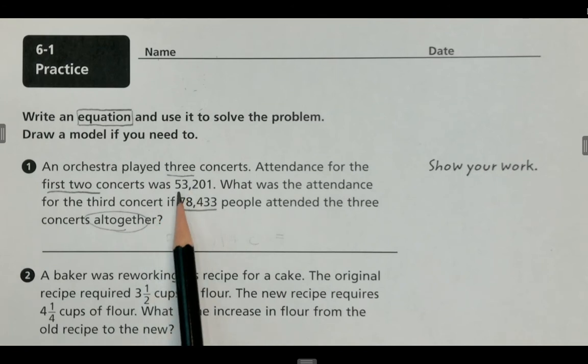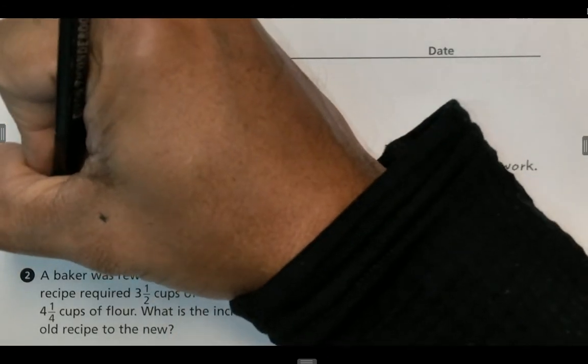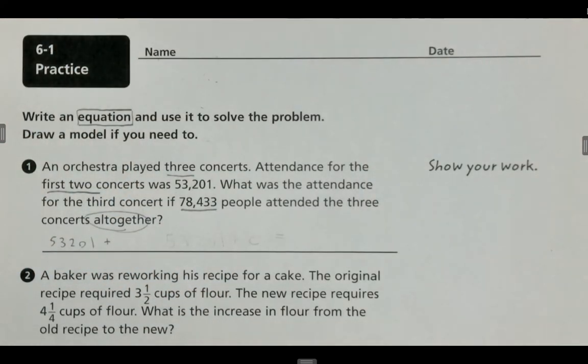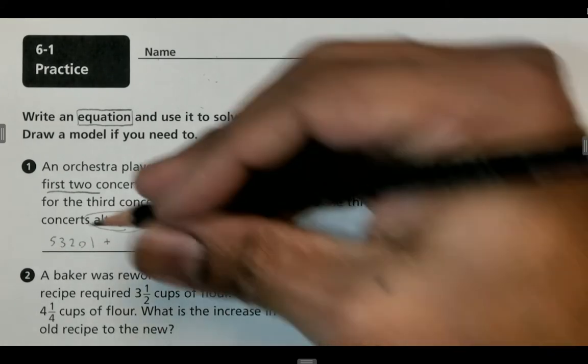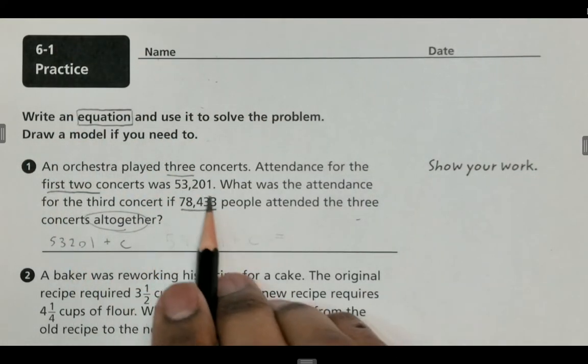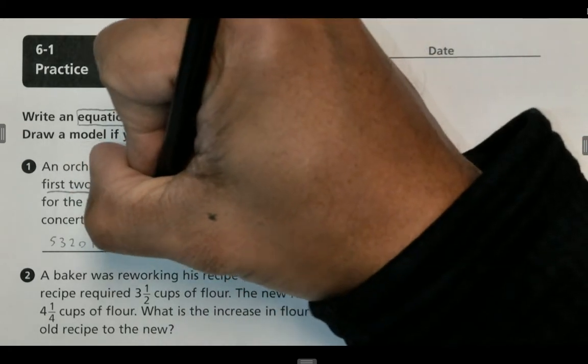If I took the number for the first 2 shows, which was 53,201, and then I added a variable, which I'm going to use to represent the unknown, the number of people that went to the 3rd show, and I'm going to use C for concert, I know that this plus this is going to match or equal this.